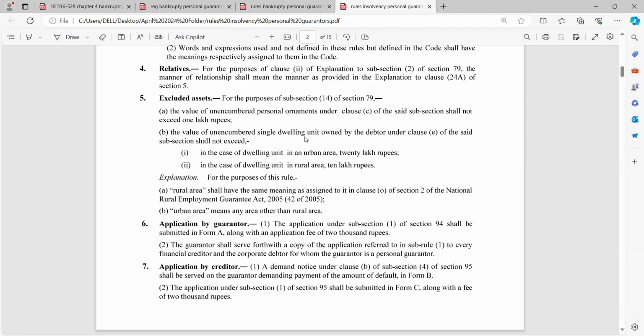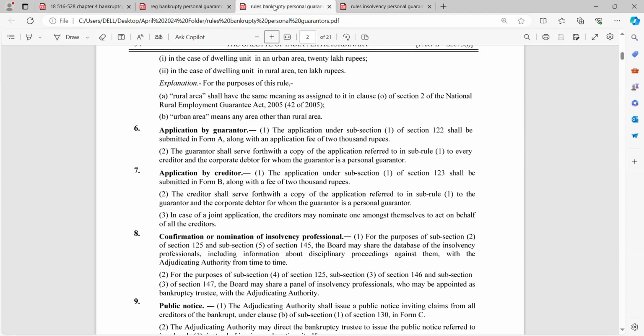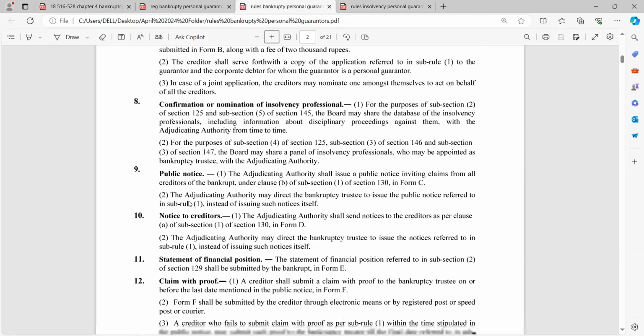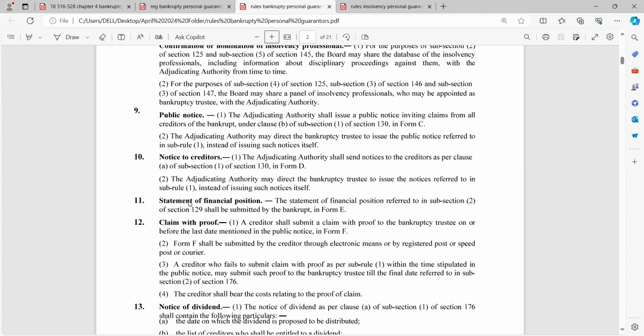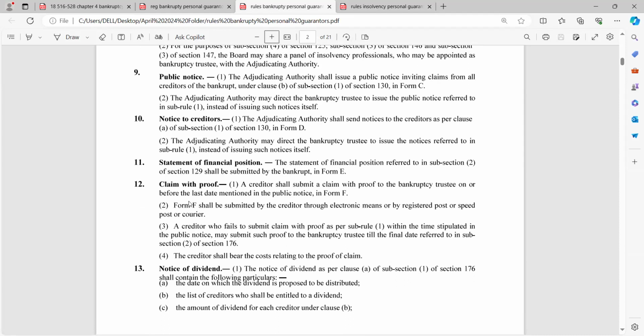Okay. So now we were at these rules. In the rules, we want to find out the prescribed particular statement of financial position. What it says: the statement of financial position referred to in subsection 2 of section 129. But we are not talking of 129. We are talking of the statement of affairs of 129. 122.